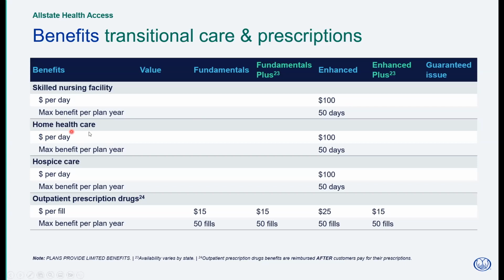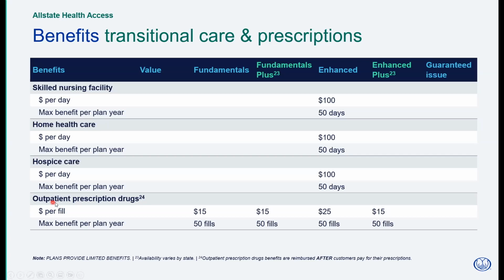The home health care is also available. Hospital care is also available. Each one of these is paid out on a per day basis, and the maximum benefit per plan year on all 3 is going to be 50 days. Okay?